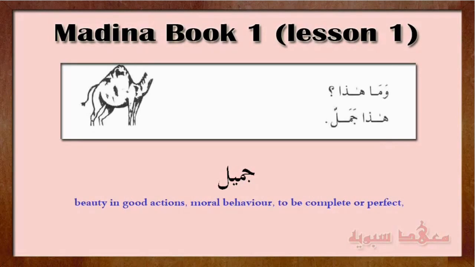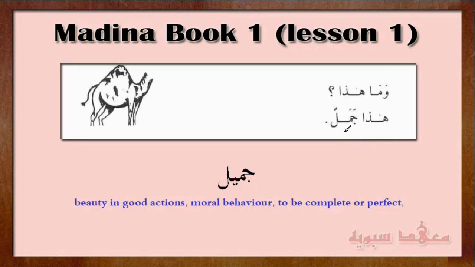Jamil actually means beauty in good actions, moral behavior, to be complete or perfect. So when you're describing something as jamil, you're indicating its beauty. And it's usually used mostly for internal beauty. But what happens is, when the internal is beautiful, the outward is beautiful as well. Now the question is, why is jamal from the same root?